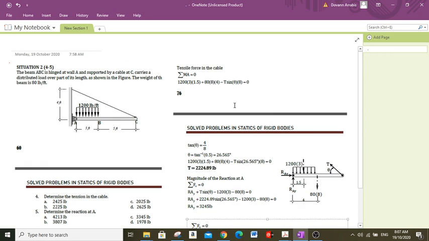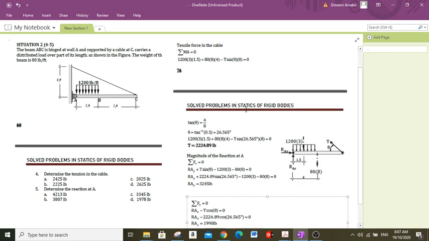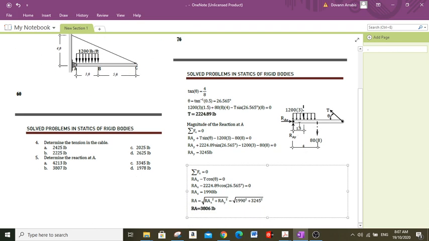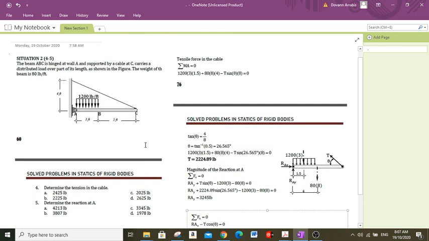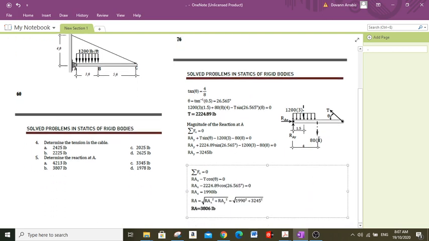The applied forces or loads: we have the applied load of 1,200 pounds per foot, and we also have the weight of the beam, which is 80 pounds per foot.